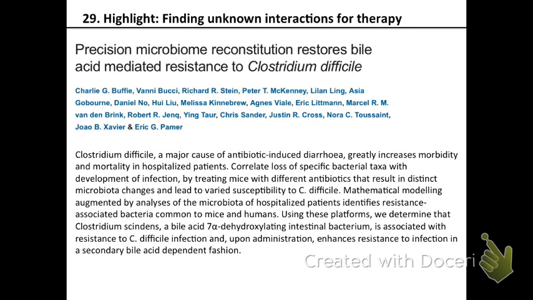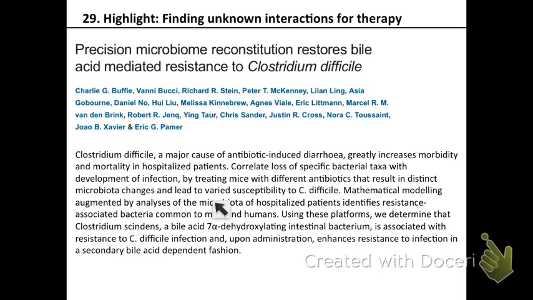Furthermore, they made another observation: some patients were more susceptible to this infection and dying than other patients. And they said, okay, is it possible that some patients have some remaining bacteria that compete with Clostridium difficile and help that patient fight it, right?